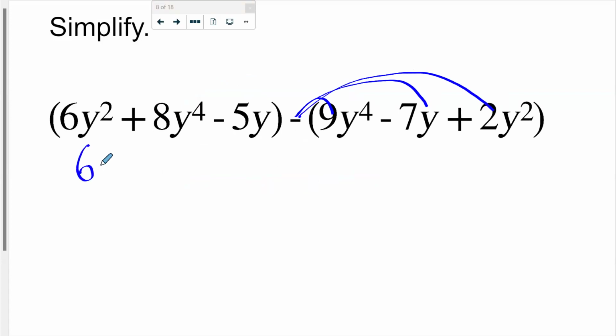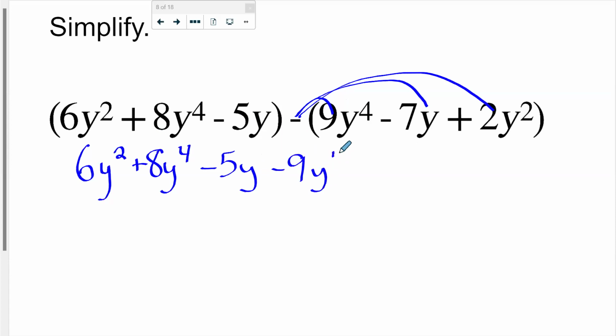My front's not going to change, so we're going to have 6y squared plus 8y to the 4th minus 5y. And then we distribute this negative sign. We have a negative 9, so negative 9y to the 4th. A negative and a negative makes this a positive 7y. And then a negative and a positive makes this a negative 2y squared.